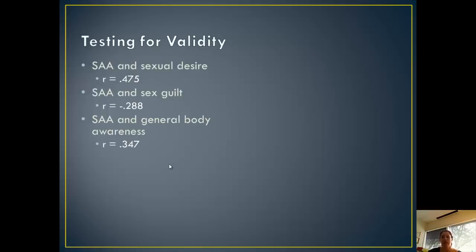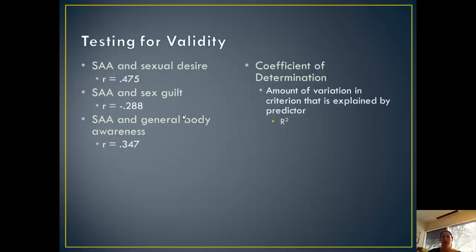There's one more step that I can take here, and that's looking at the proportion of variance in these criterion variables, sexual desire, sex guilt, and general body awareness, that a score on sexual arousal awareness accounts for or is associated with. Remember, we do that by calculating a coefficient of determination. Recall that the coefficient of determination roughly tells us the amount of variation in our criterion that is explained by a predictor variable.